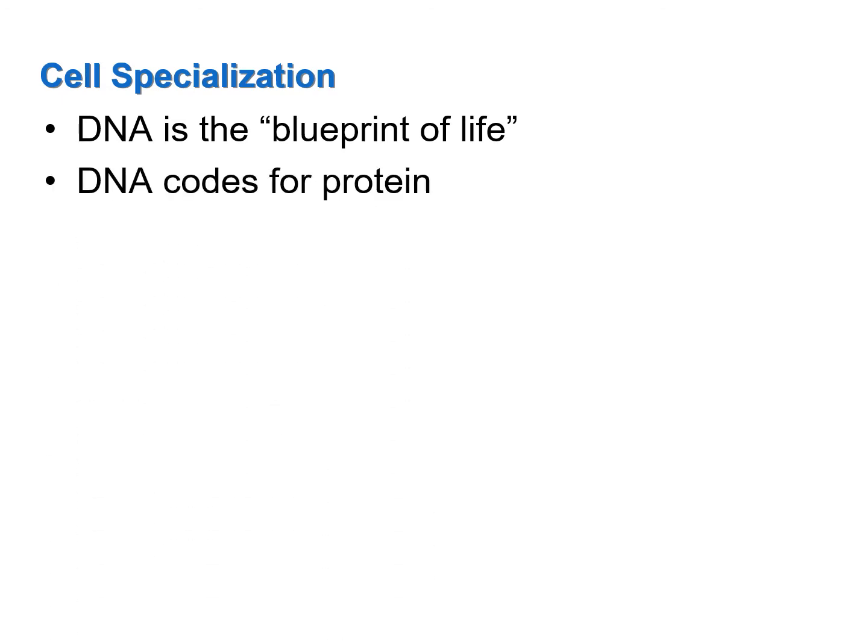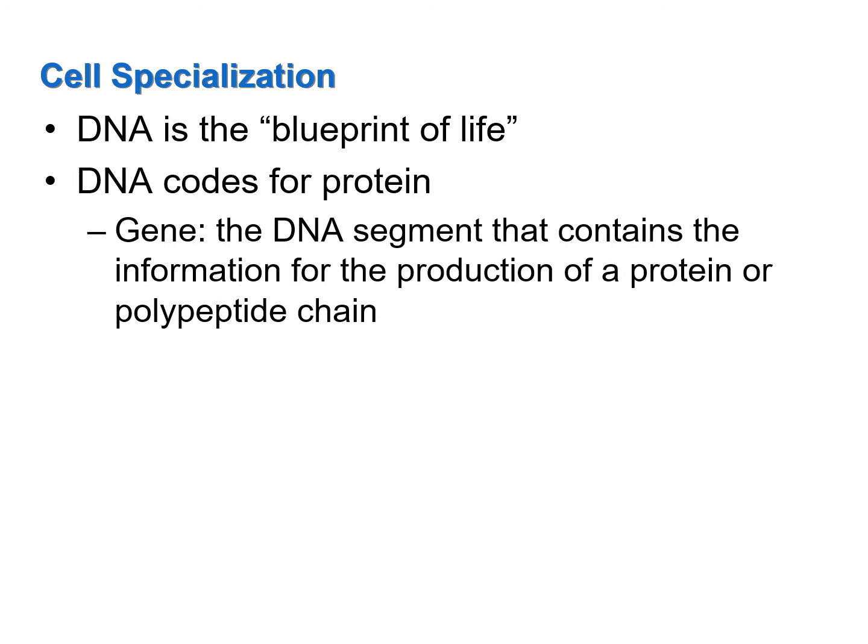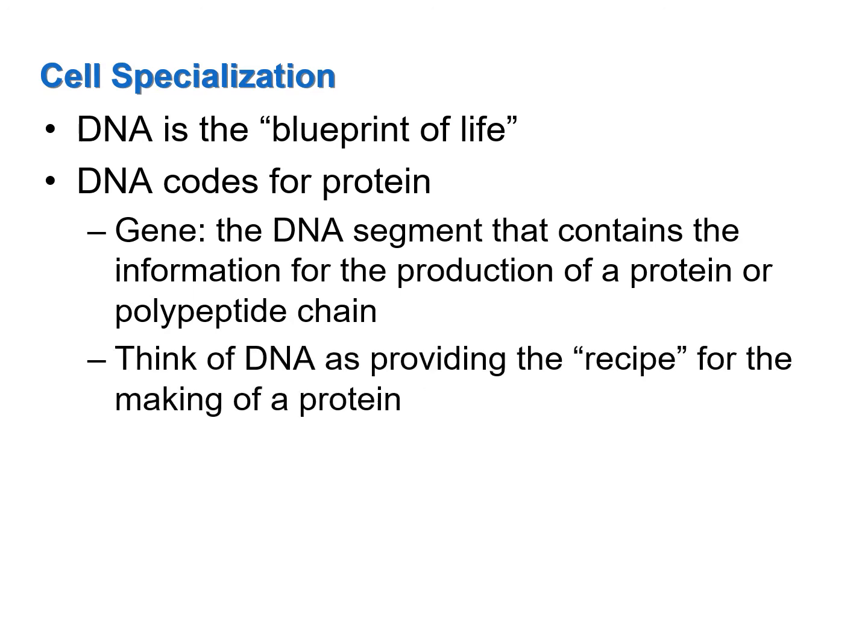Well, DNA codes for every protein in your body. In fact, a gene is the specific segment of DNA that contains the information for the production of a specific protein or a polypeptide chain.